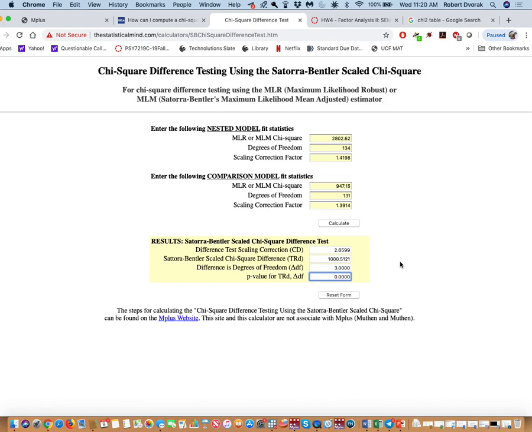So this model is nested within this model, right? And by freeing this and constraining that, you wind up having a new model that is nested within this other type of model.